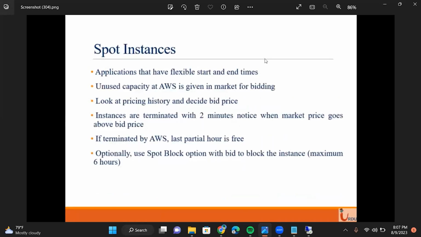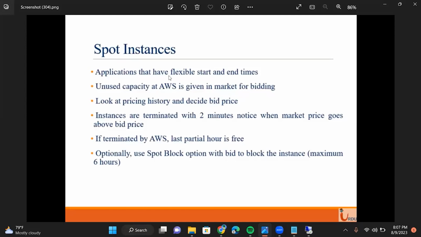Spot instance: in this we bid for our favorable price, and if both parties agree, we get the service. Application that has flexible start and end time. So any application that doesn't require a particular fixed time, that from 9 to 5 it should be up, or from 9 to 6 it should be up.